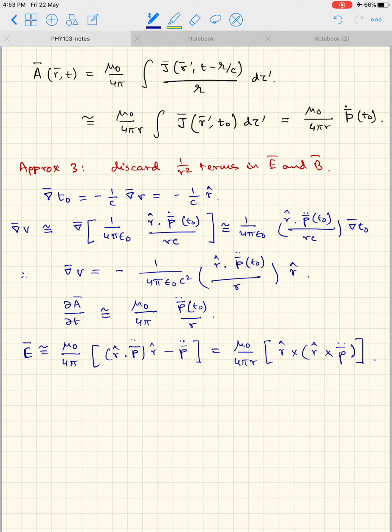So this is the expression for E, where this p double dot is evaluated at t naught equals t minus r by c.